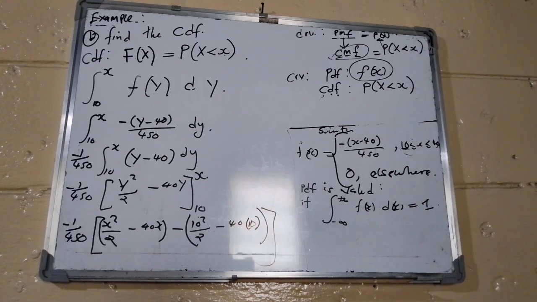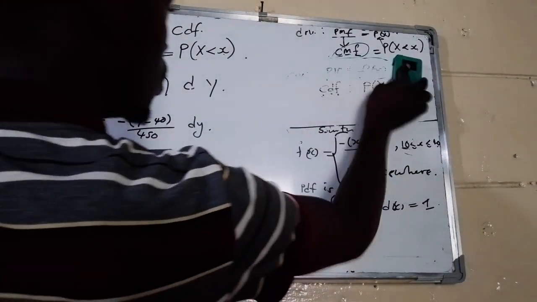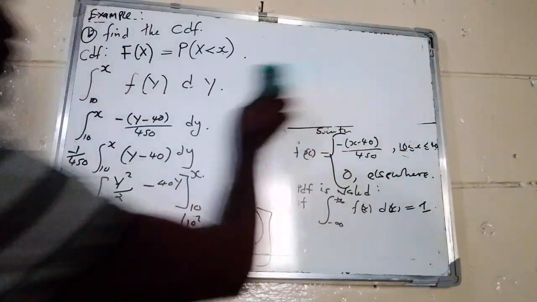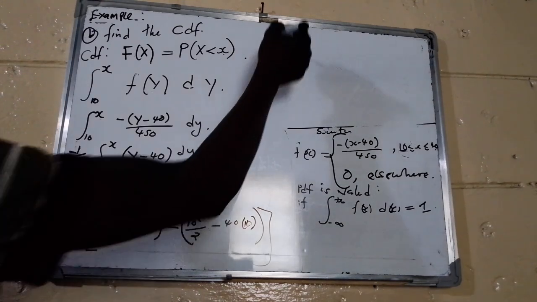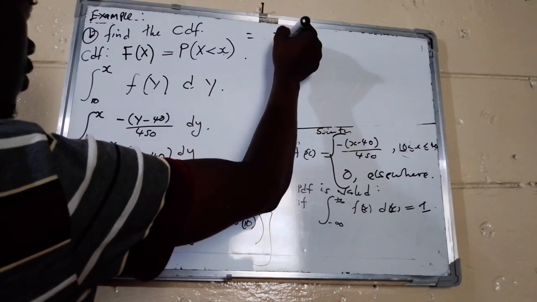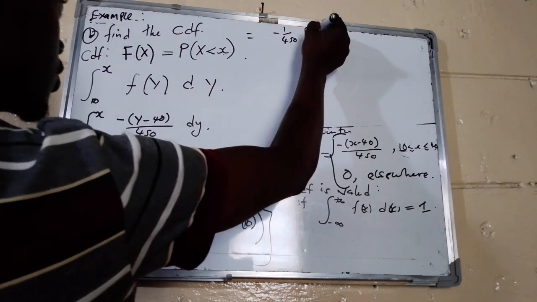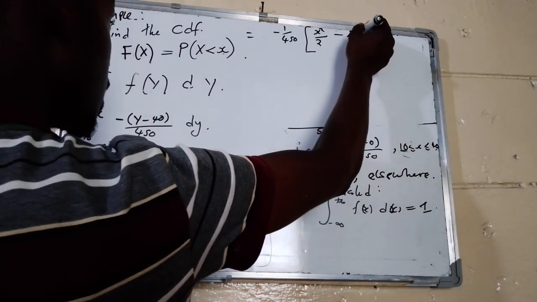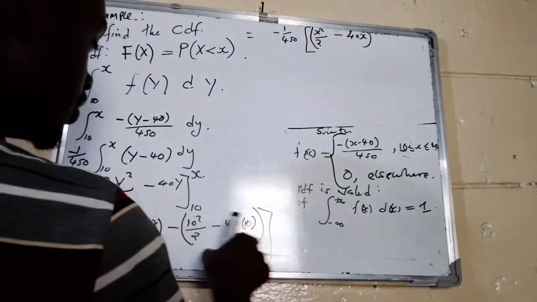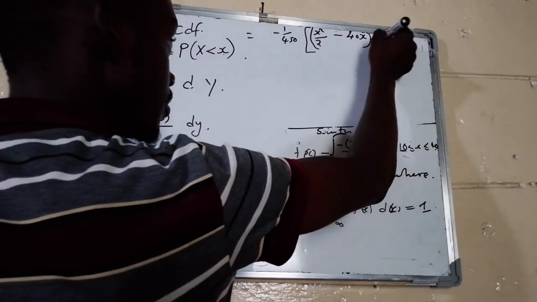The next thing is to simplify from there. When you simplify everything, I'm still going to have negative 1 over 450, open brackets, x squared over 2 minus 40x. Then when you evaluate with the 10, it will be minus 350.